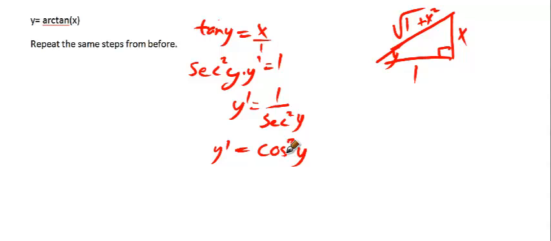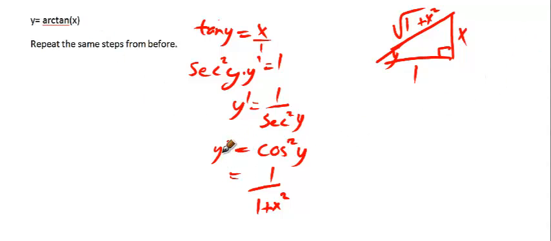Okay, so cosine is adjacent over hypotenuse. So we end up with, and it's squared, 1 over the square root squared, 1 plus x squared. Alrighty. So that's what we have for our arctangent.